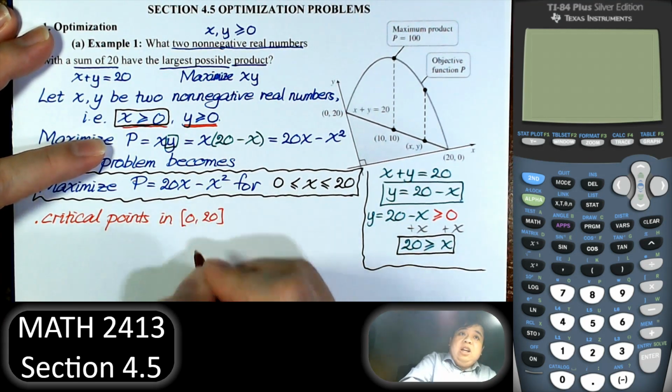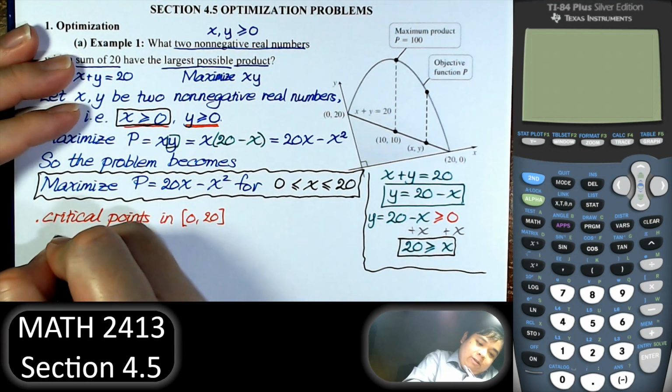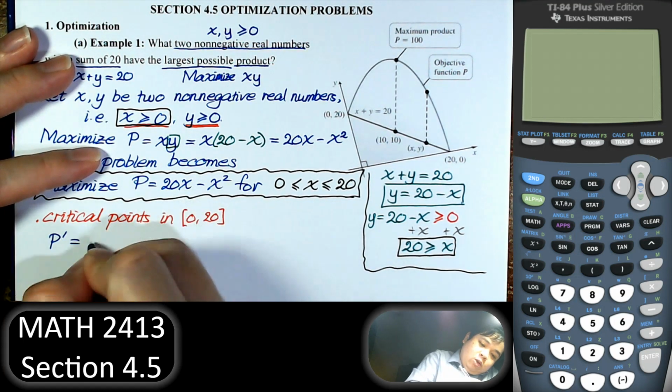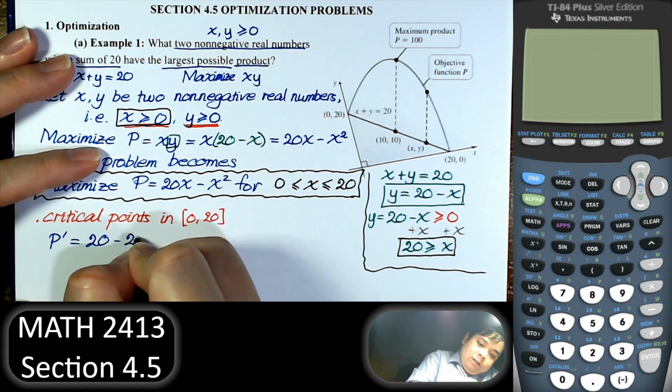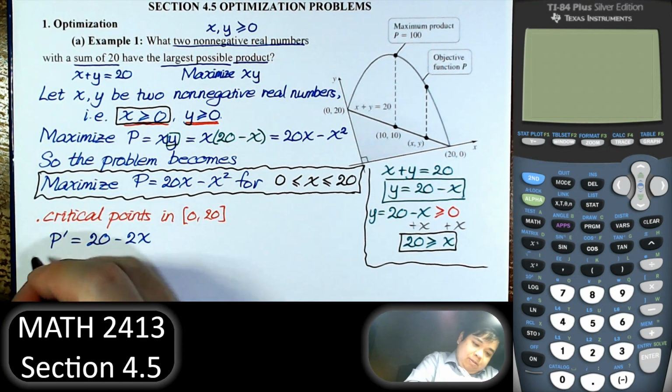I will take the derivative, which is 20 minus 2x. Critical points occur where the derivative equals 0 or the derivative does not exist.